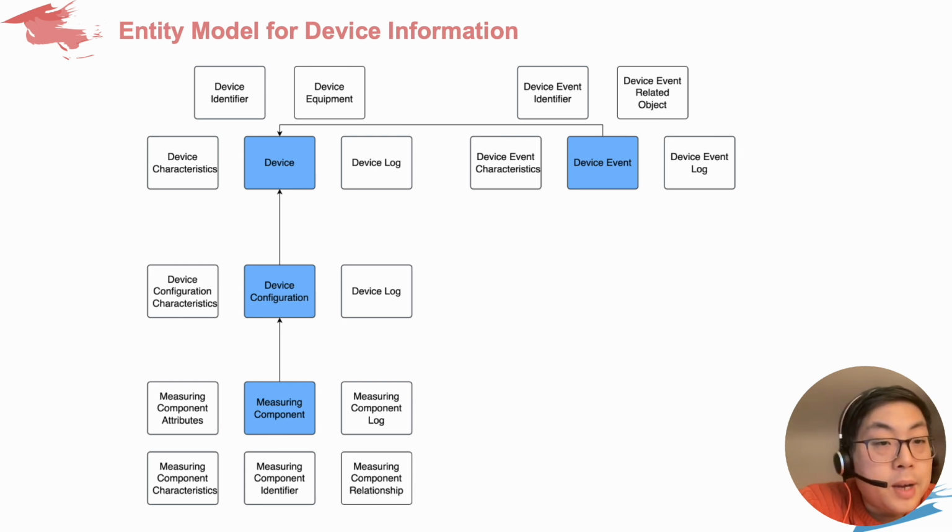You can see the device config is in the middle, and this is the object that is going to be linked to the service point, which we're going to cover in the next part for the device installation. We also have device, which stores identifier, characteristic, etc. Device event, we mentioned earlier. Measuring components, you will see a bit more characteristic, attributes tables, and also relationship tables.